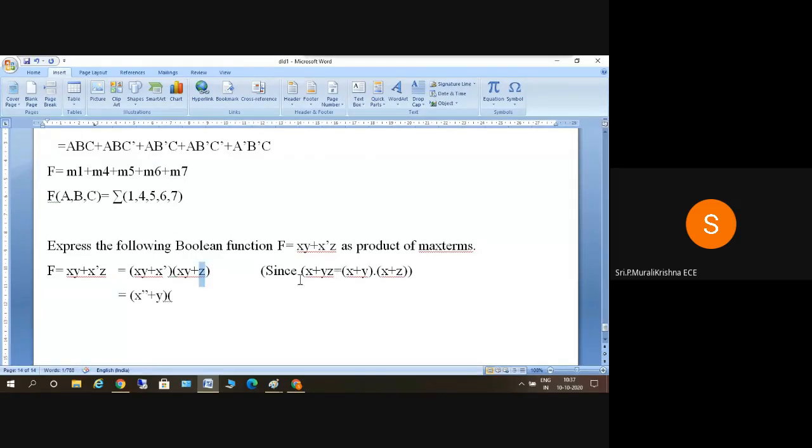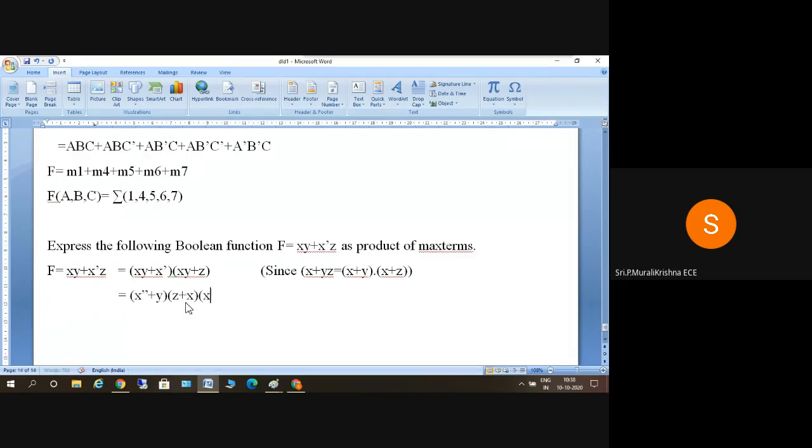So again the same formula: this is x and this is yz here. So x plus yz is equal to x plus y into x plus z.